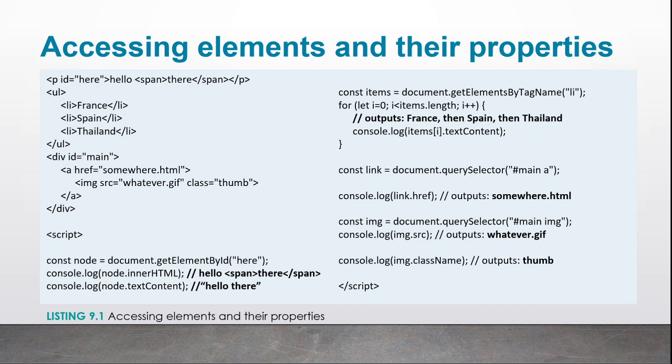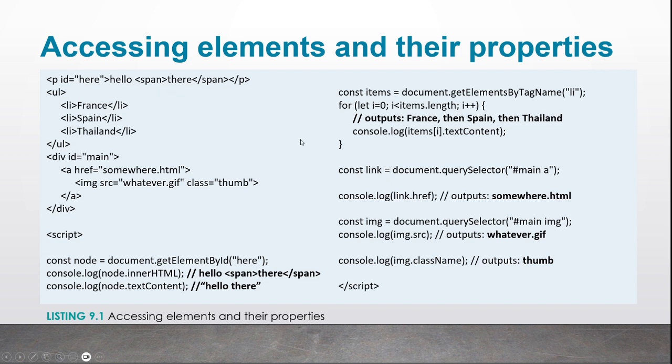Text content strips out any of the tags. Inner HTML is everything between that opening and closing, even if it has child tags. So that's the big difference here. The top one is inner HTML, and it grabs everything: the hello, the span, the there, the closing span. The other one, the text content, just grabs the hello there.